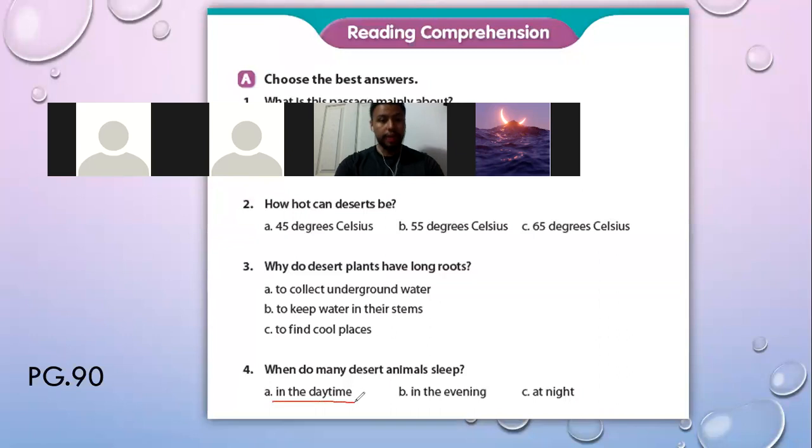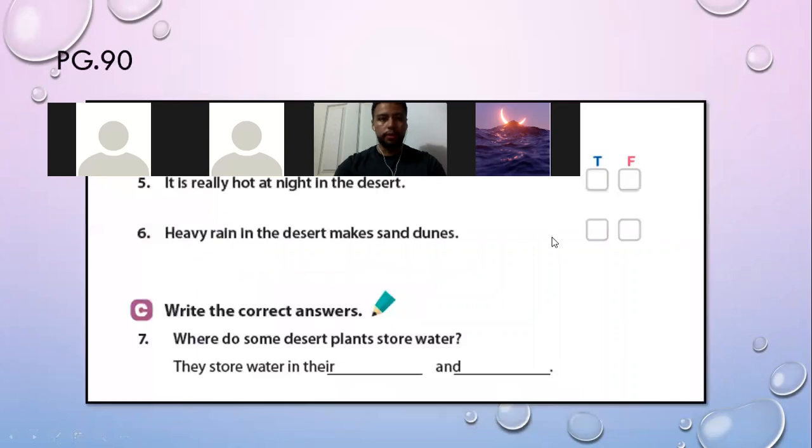So in this case it's in the daytime. They sleep because at night they go out in the desert and they are very dangerous. Let's continue. Thank you. All right. I didn't see number 4 because I had an option at the bottom. That's why. Okay, let's continue.